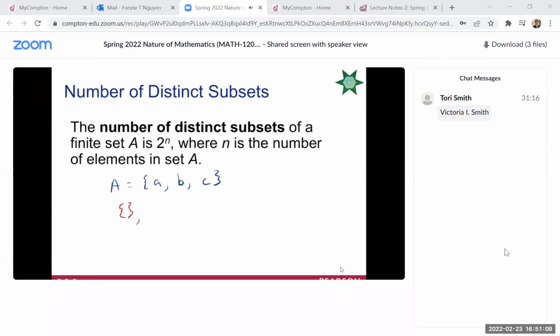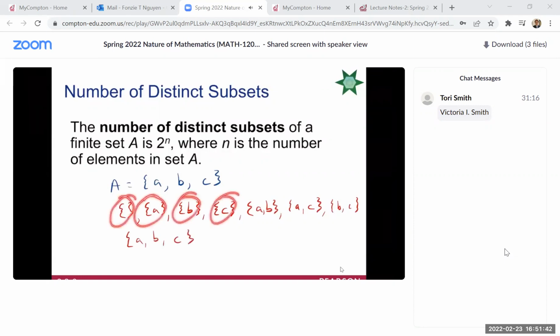Now let's write out the sets that only include one element: A, B, C. Now let's include the sets that have two elements: A, B; A, C; and there's one more, B, C. And then the last one is the set that has all three: A, B, C. So how many total? 1, 2, 3, 4, 5, 6, 7, 8. Eight.